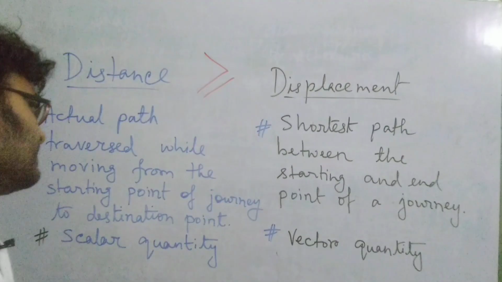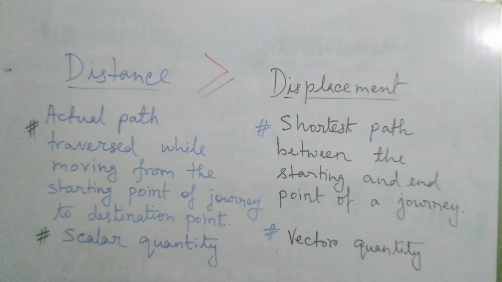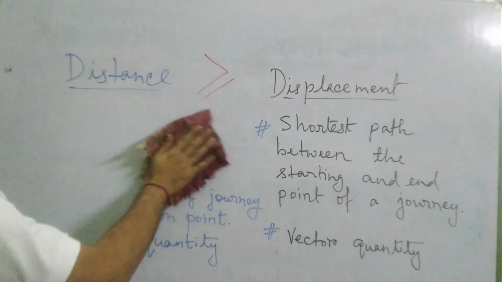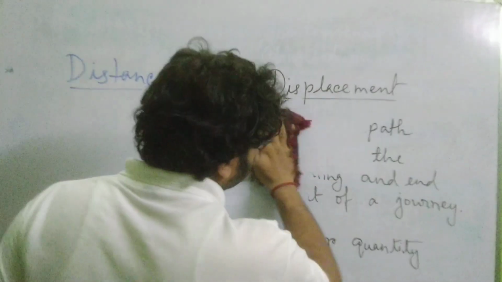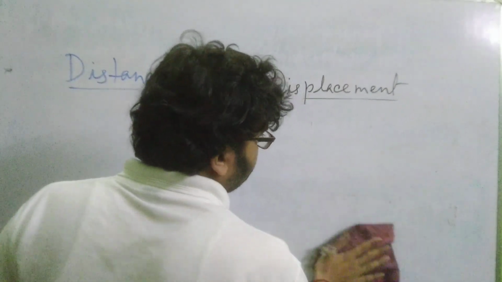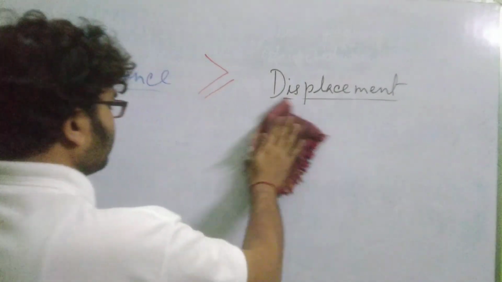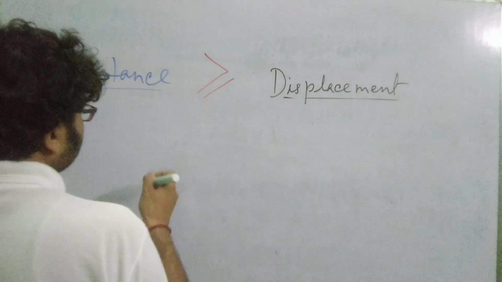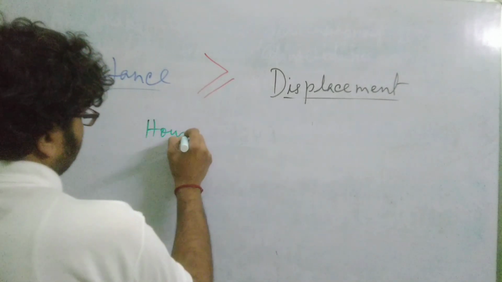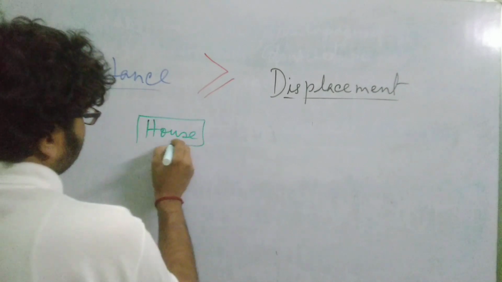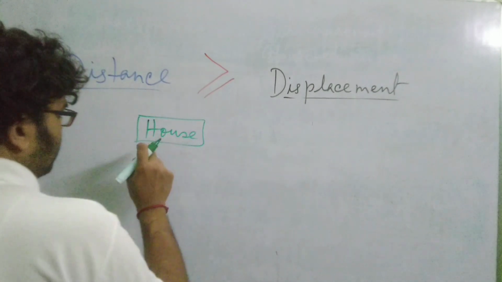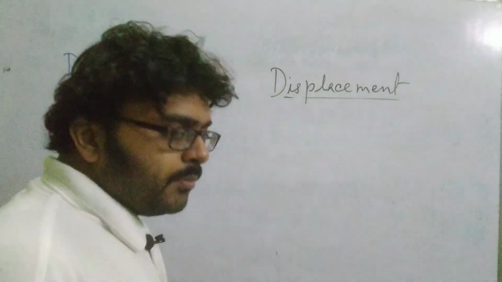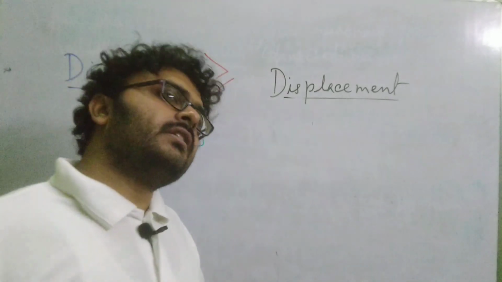Just let us take another example, a diagrammatic example, okay. So consider another example. Say this is your house, fine. You have been locked up in your house for quite a few days. Now you want to move out, take some fresh air and come back to your house.